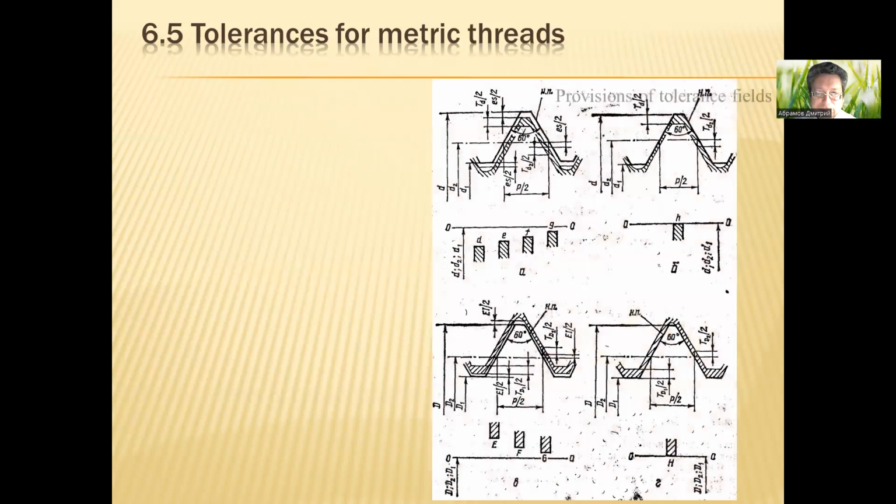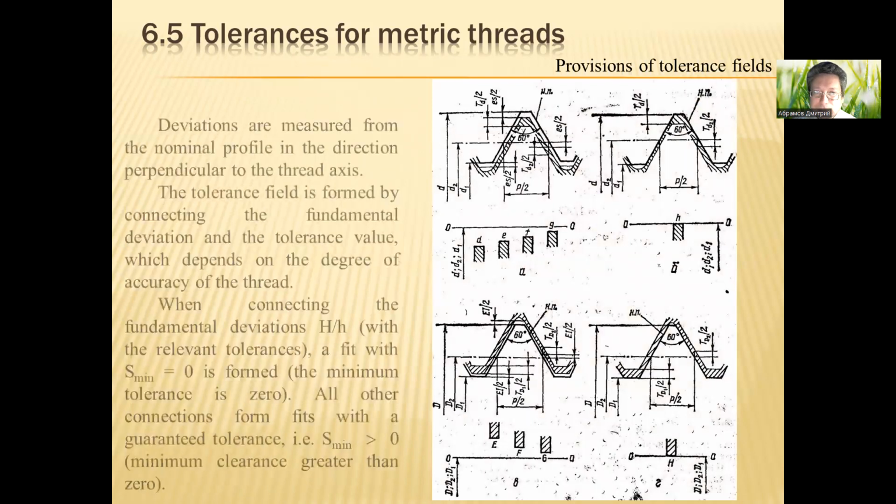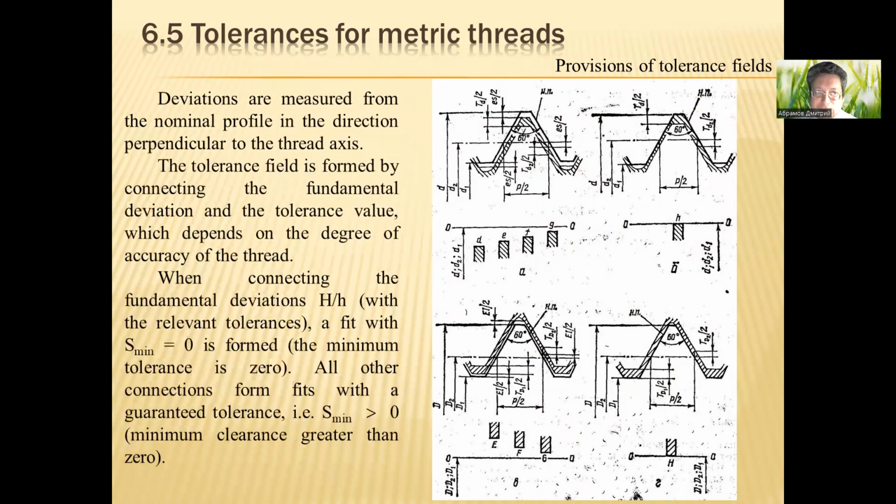6.5 Tolerances for metric threads. Deviations are measured from the nominal profile in the direction perpendicular to the thread axis. The tolerance field is formed by connecting the fundamental deviation and the tolerance value, which depends on the degree of accuracy of the thread.